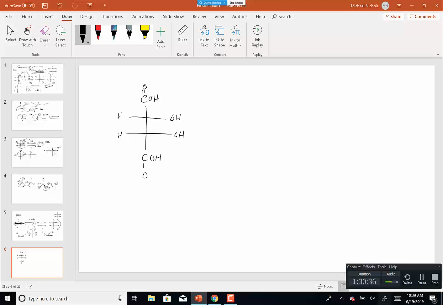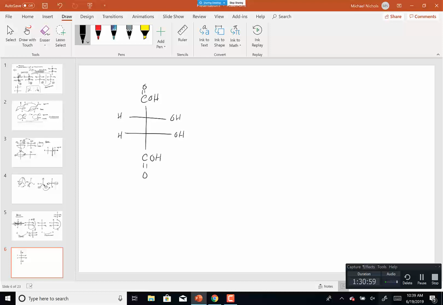Tartaric acid has, if not this exact structure, there may be CH3s where the H's are, or you can fact check me and see what it is, but it has this kind of structure, which is exactly what I drew to begin with.